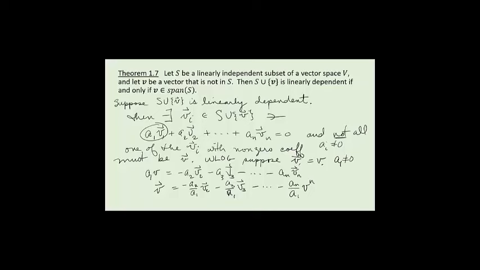We have just written v as a linear combination of vectors in S. So we can conclude, therefore, v is in the span of S. And that's what we wanted to prove.